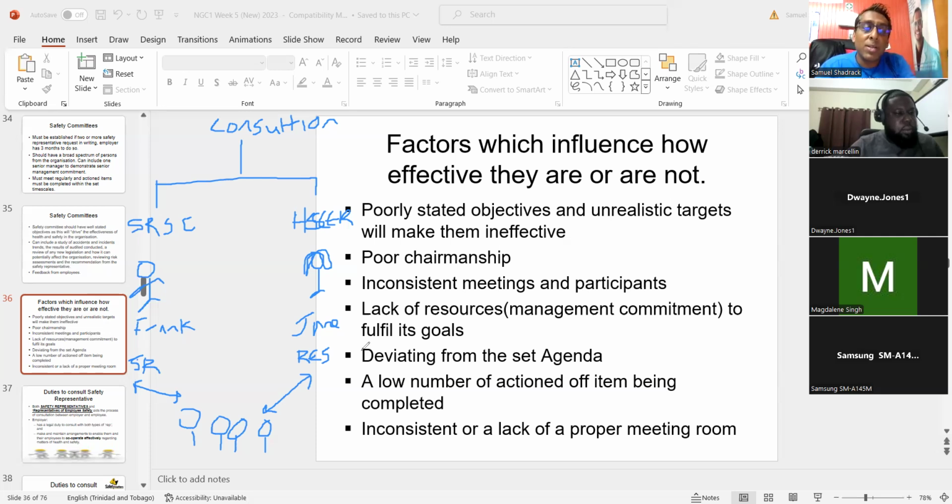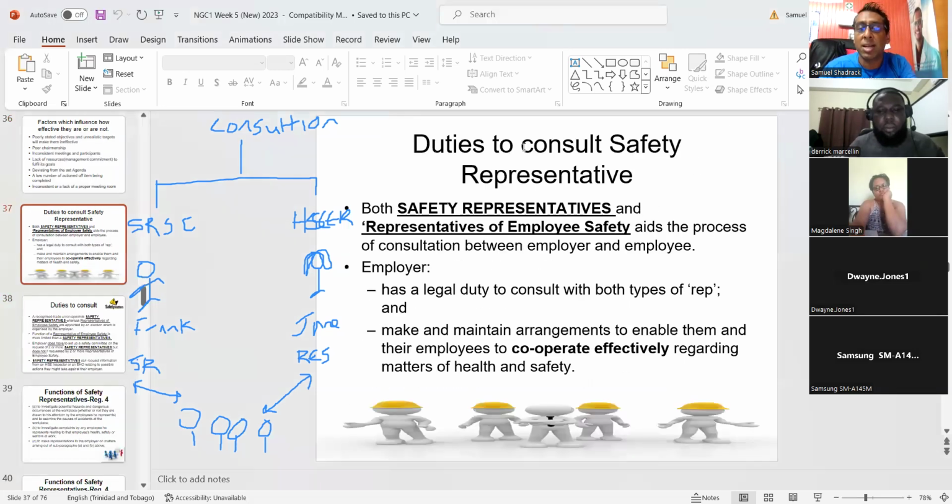All right. What I want to see is whether you understand that there are two laws that make it a requirement to hire representatives. If you go forward with this slide, you'll actually see it on the slide, but you'd have been a bit confused if I didn't explain. If you watch your book, you'll see safety representative and representative of employee safety.